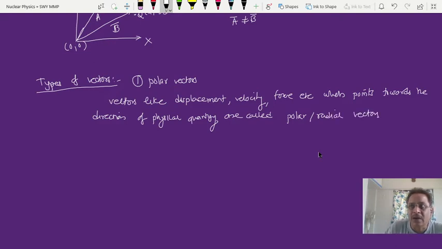Along the radius, along that direction of the physical quantity, they are called polar vectors or radial vectors. This is the first type, and the second type is axial vectors.